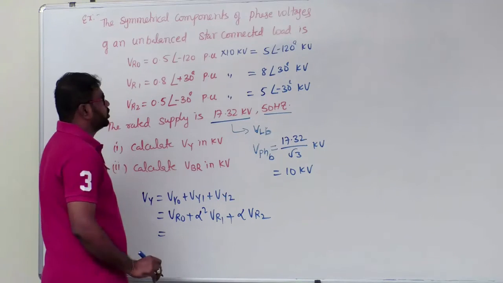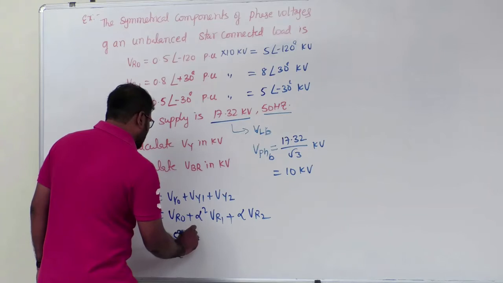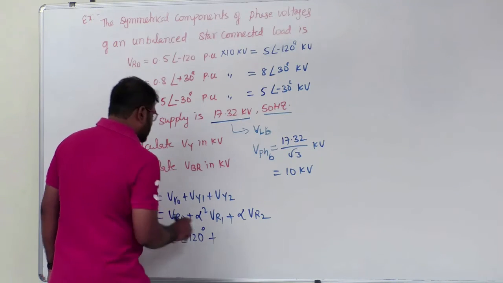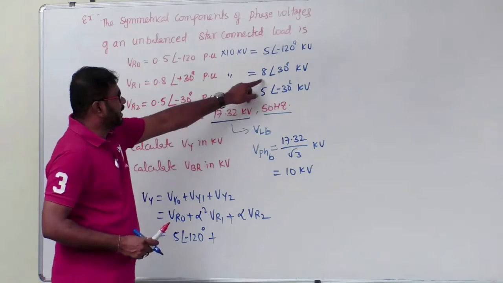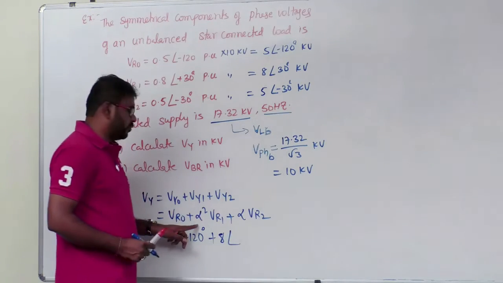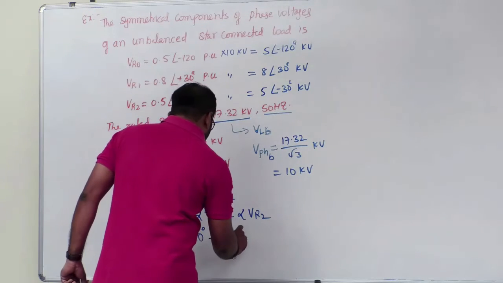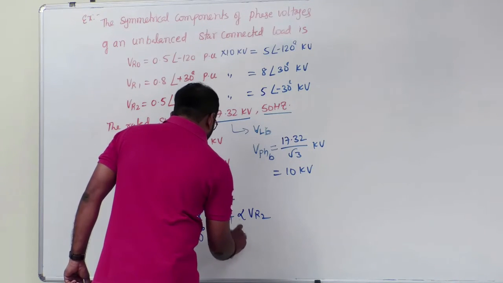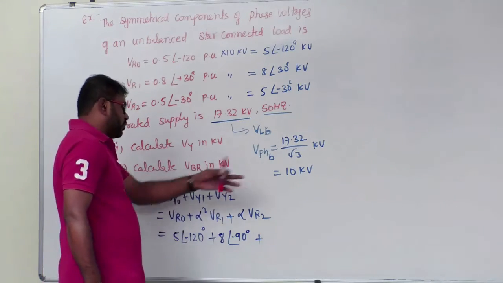If I substitute, VR0 is 5 at an angle minus 120 directly, plus alpha square, which means 1 at an angle minus 120, and here 8 at an angle 30. So the magnitude is 8, and the phase angle is minus 120 plus 30, which is minus 90 degrees, plus alpha times VR2.